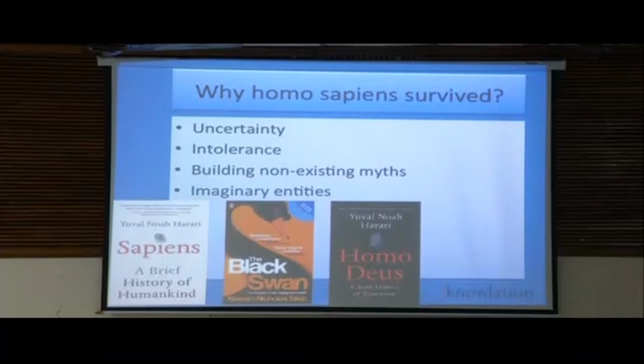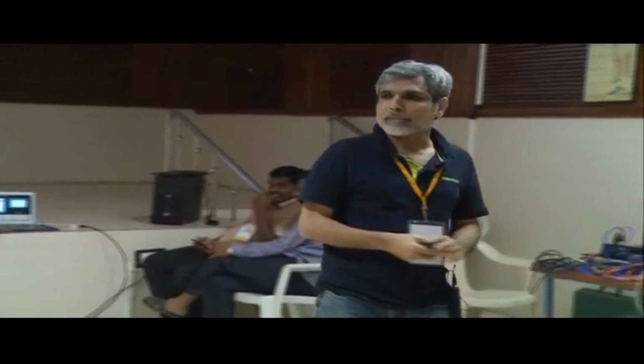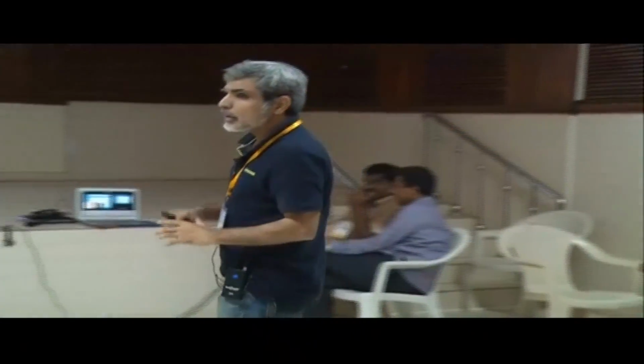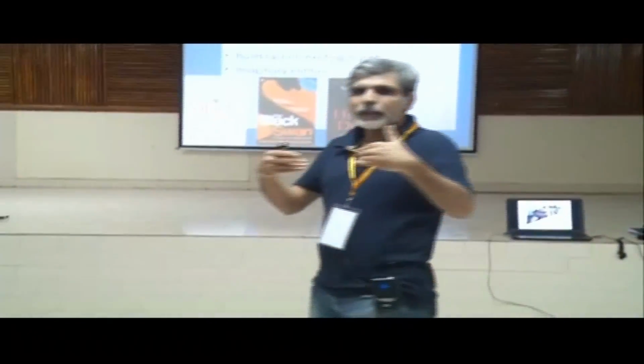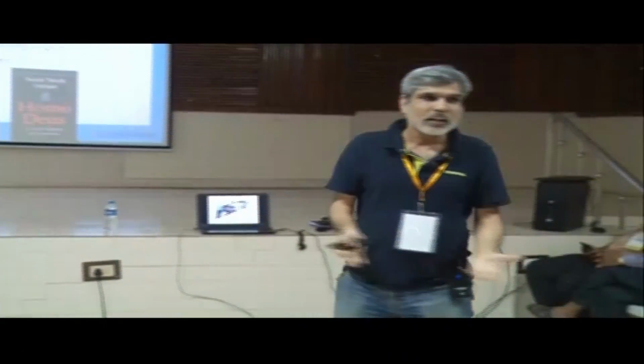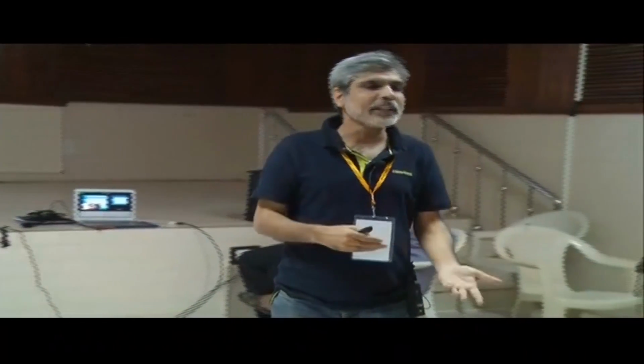Now, there is another book, Black Swan. Black Swan also talks about uncertainty. Another bestseller. What he tries to tell you is that the events that did not happen in our life have more impact on our life than the events that actually happened.